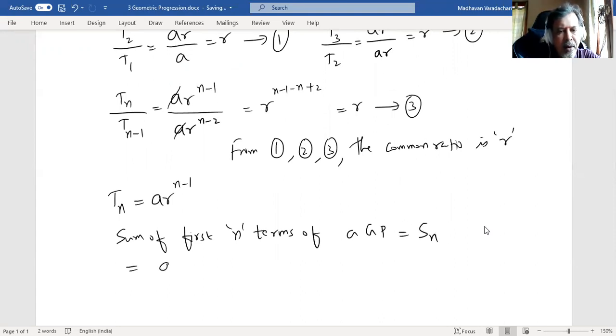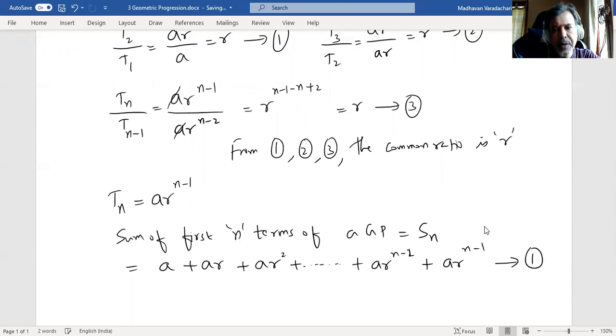That is, you have to add all the terms I wrote earlier: A plus AR plus AR power 2 plus and so on, then AR power n minus 2 plus AR power n minus 1. Let me call it equation 4. Already I wrote up to 3.